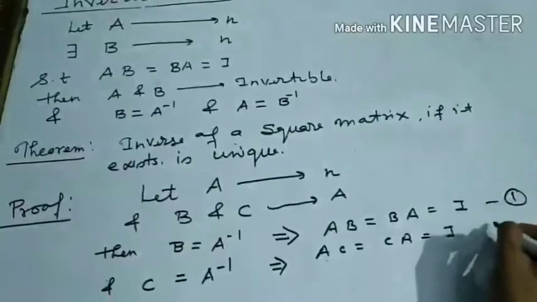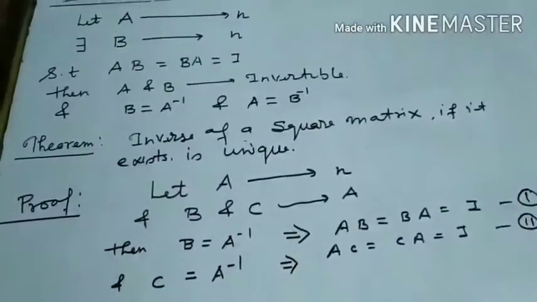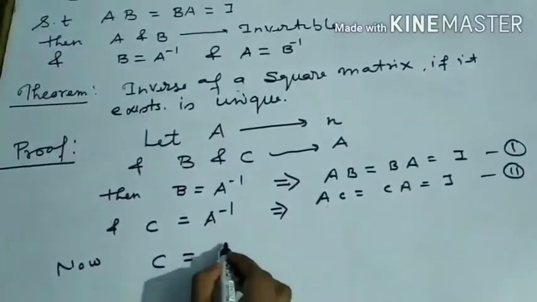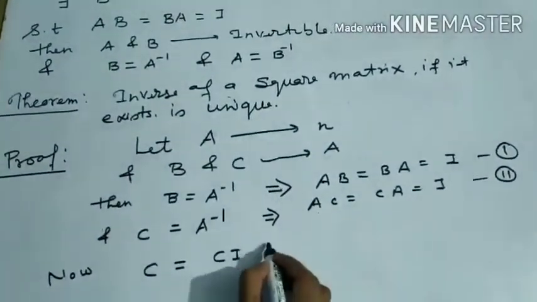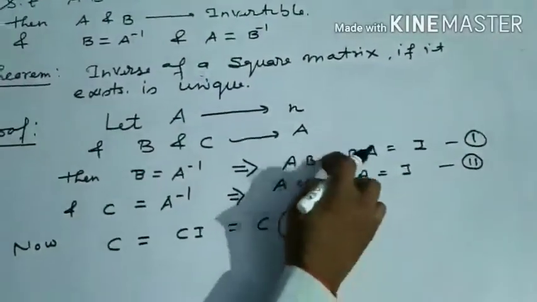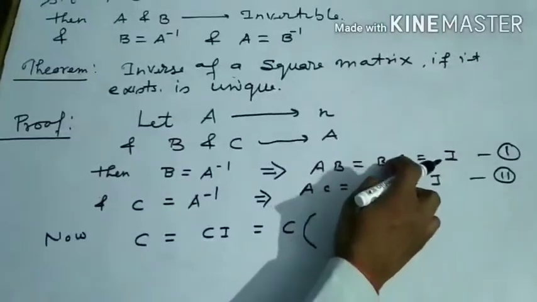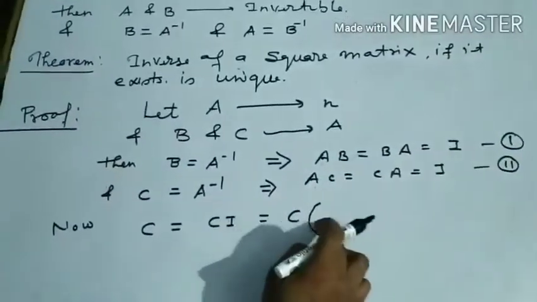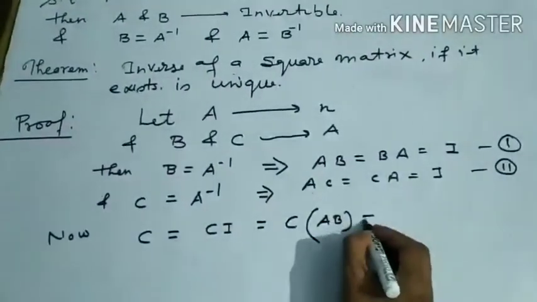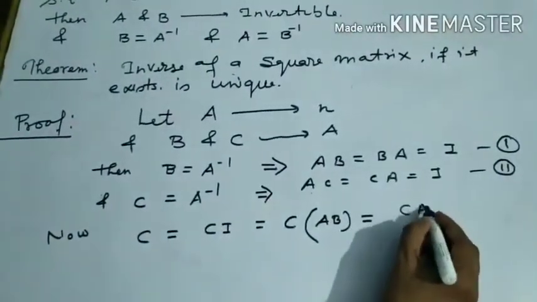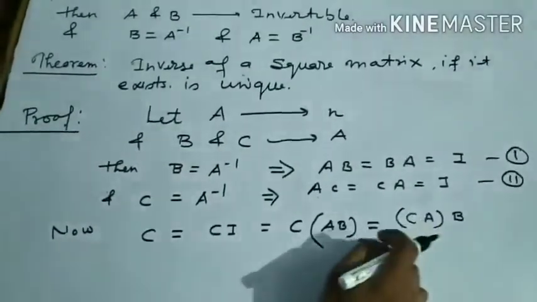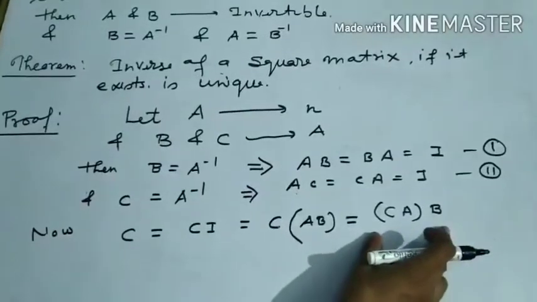Suppose this is equation 1 and this is equation 2. Now we can write C equals CI. From equation 1, AB is equal to BA is equal to the identity matrix, so in place of I we write AB. This is equal to (CA)B, by the associative law of matrix multiplication.